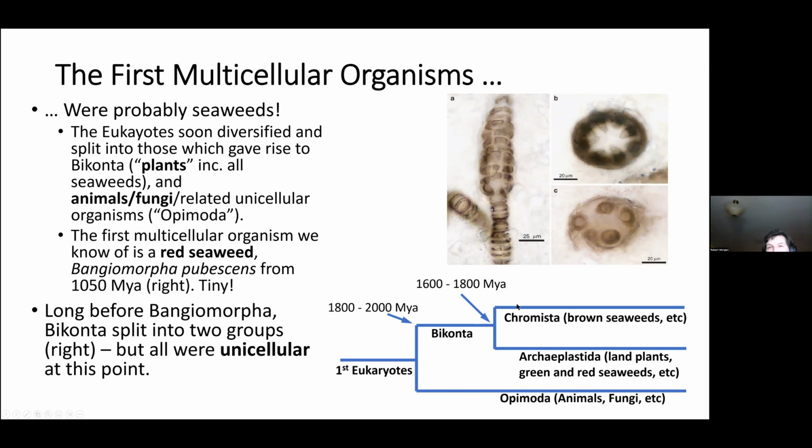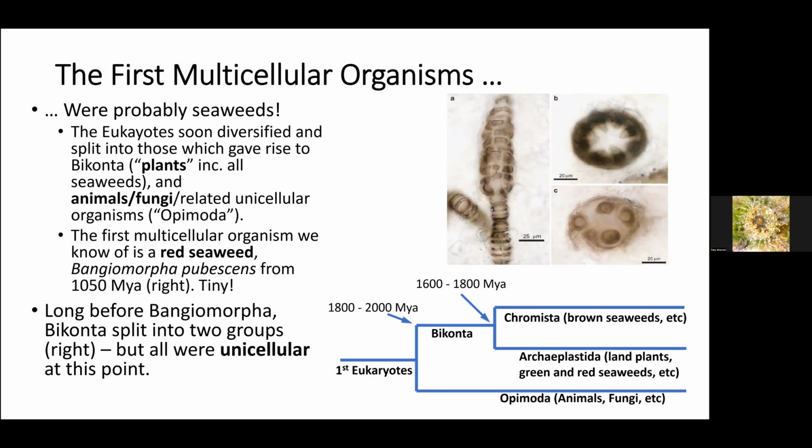But all of these, until well after this split into 3 groups, were still unicellular organisms. So you shouldn't think that, for example, the brown seaweeds evolved from early red or green seaweeds. At the point where they split apart back 1,600 or 1,800 million years ago, all of them were single-celled organisms. They were nothing like the seaweeds we see on the shoreline now.